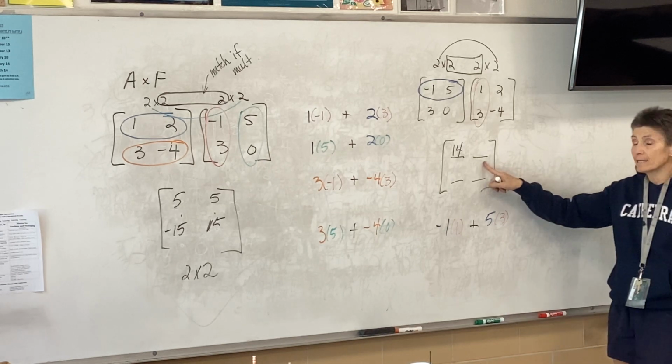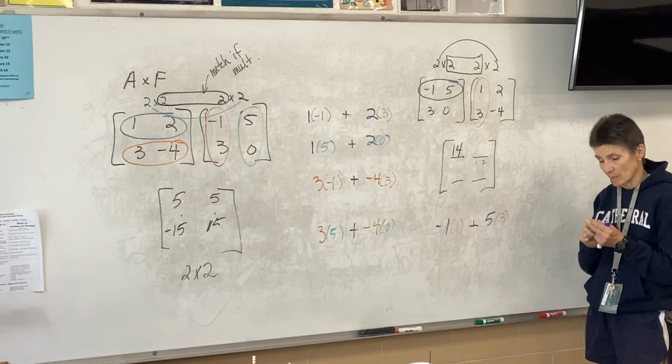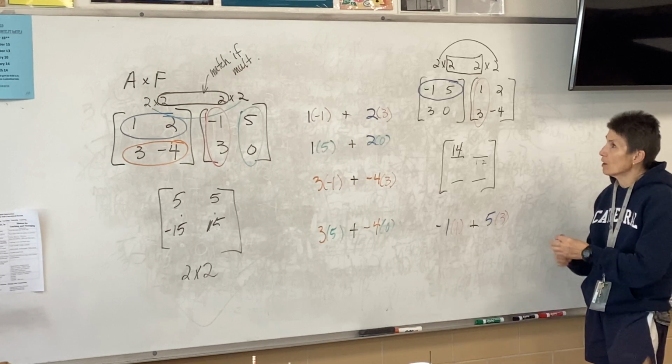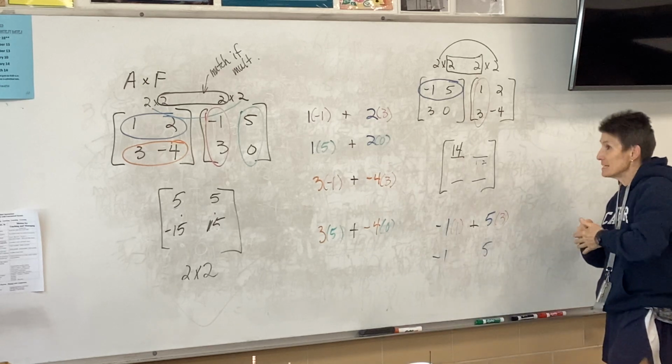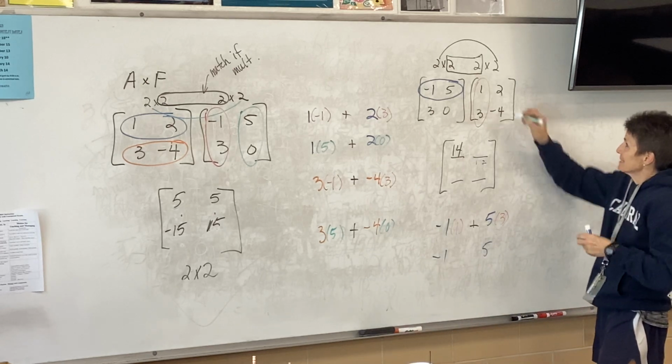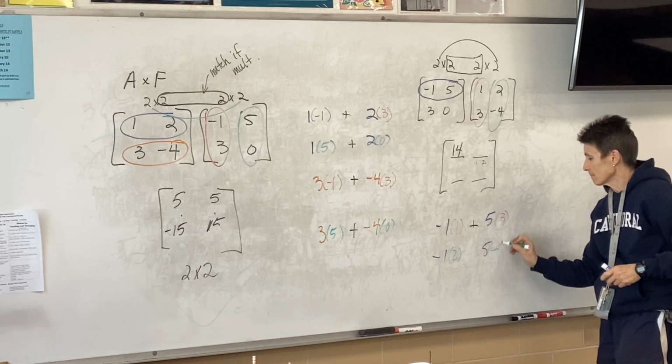All right, now I'm going to move over here. This is the first row, second column. So I'm going to go back to my first row, -1, 5. But now I'm moving over to my second column, which is 2, -4.